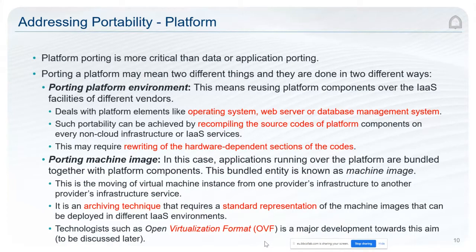Of course, you have to find a standard format so these machine images can be traveled from one vendor to another. And we talked about the Open Virtualization Format, which is OVF, and we are going to talk about this OVF in the last few slides.